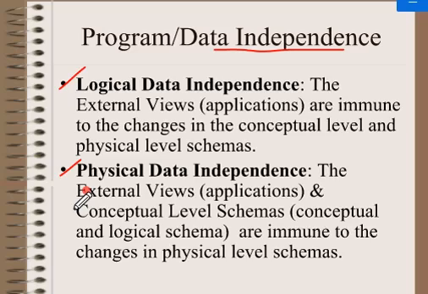So what does the conceptual schema mean? Conceptual schema means entities, attributes, and then constraints on the attributes. All this is defined at the conceptual level, whatever we discussed in the ER data model. Yes or no?